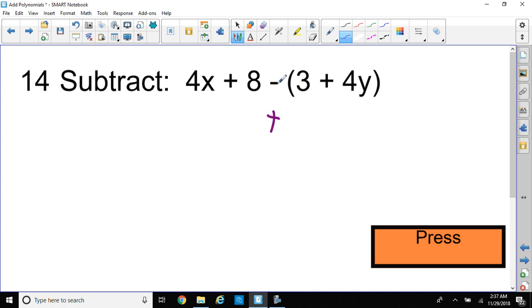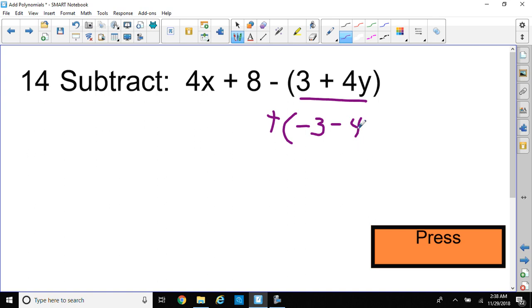We change that to addition. We're going to take everything inside the parenthesis and change it to its additive inverse, which means opposite. So 3, which is positive, now becomes negative 3. The plus 4y becomes minus 4y.